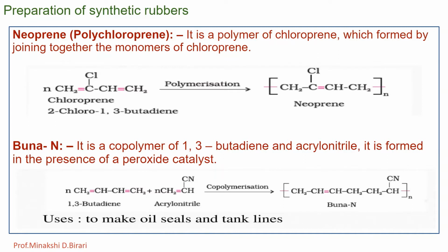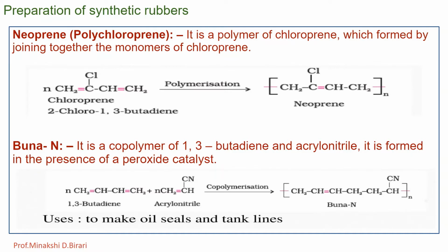Russians also developed another rubber called neoprene, which is also the polymer of chloroprene, formed by joining together the monomers of chloroprene, and was the result of the polymerization of 2-chlorobutadiene. 2-chlorobutadiene undergoes polymerization to form neoprene.